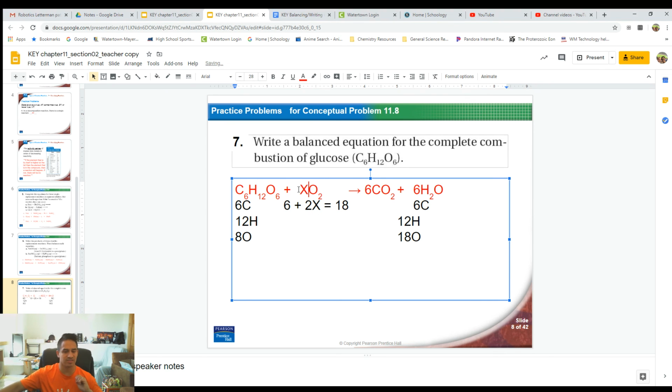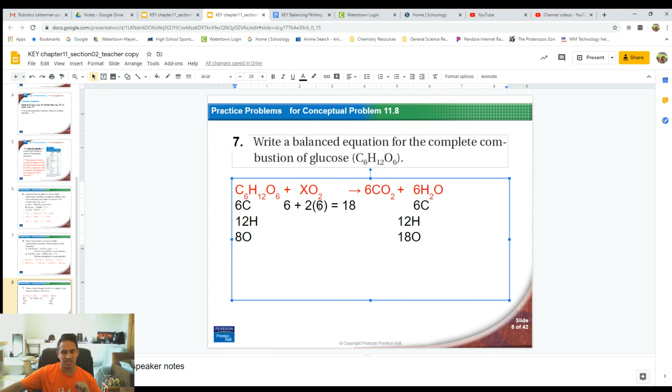So we're going to put an x there. So the question is what number do we need to put in front of the oxygen to make it 18? So 6 plus 2 times something gives us 18. If we can get this to be 12, so 6 plus 12 equals 18. That means that the x is going to be a 6.